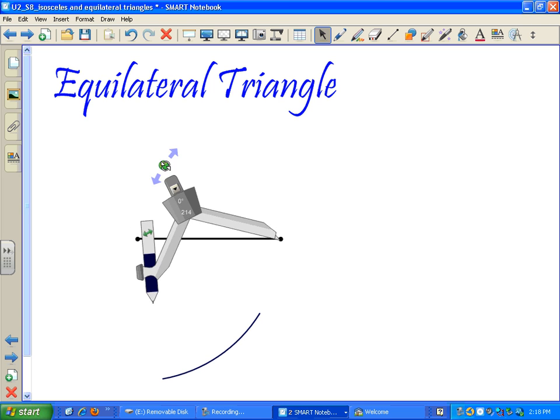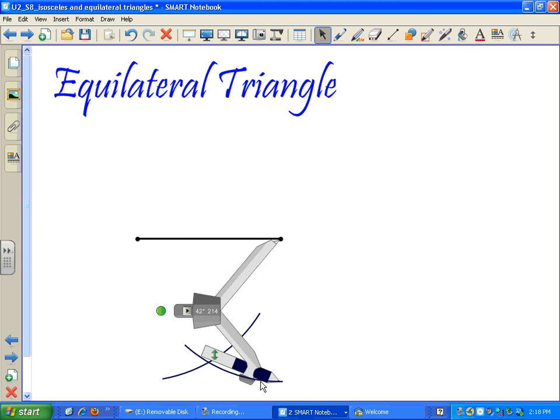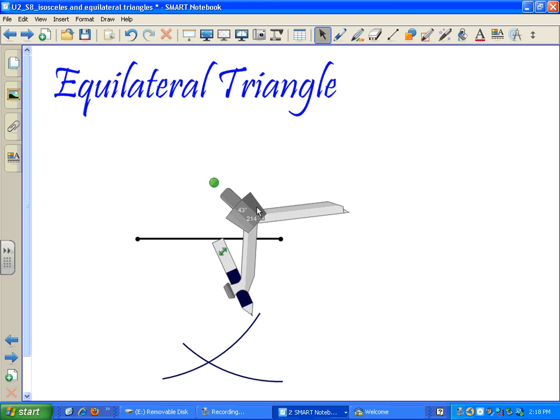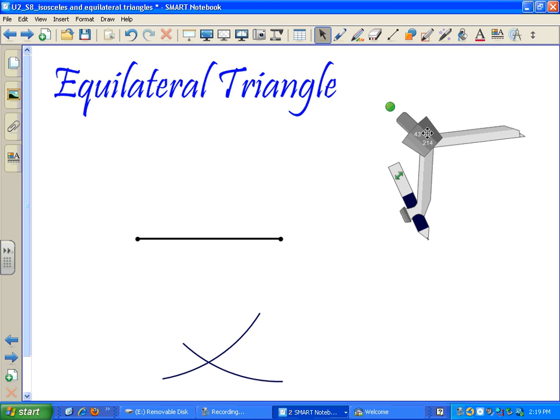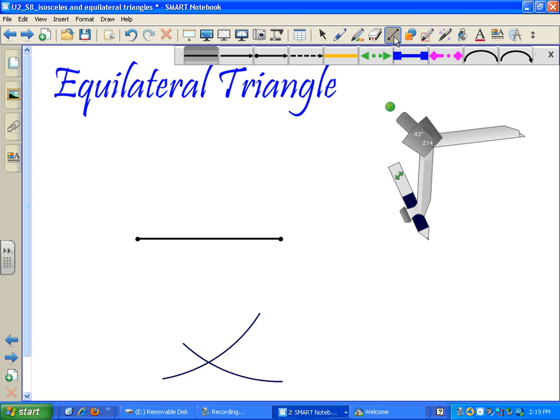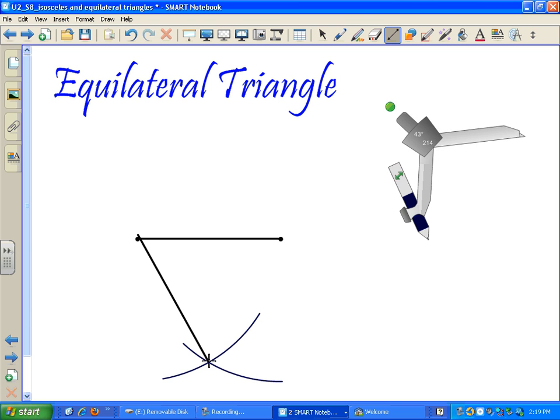So I'm just going to drag it and I will make my mark. So now take your straight edge and from each endpoint go to where the lines intersected. And what we have done is we have constructed an equilateral triangle.